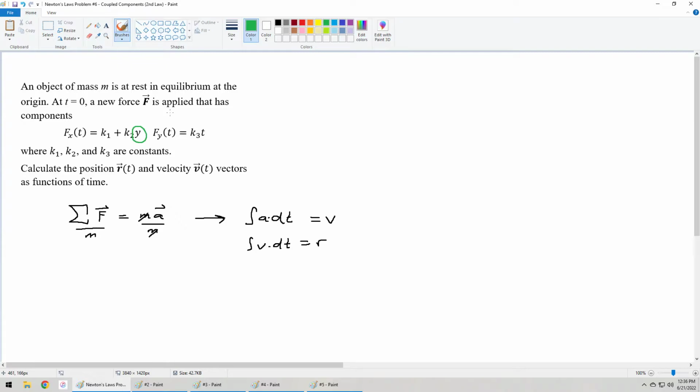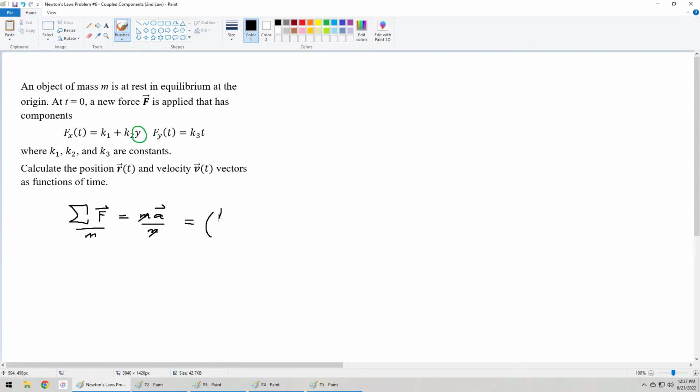So what I'm going to do is delete this portion for now, and I'm going to write out what the acceleration vector is going to look like just at this first step right here. Okay? So we've taken the force vector and divided it by the mass. So we would ultimately have this as a vector expression.